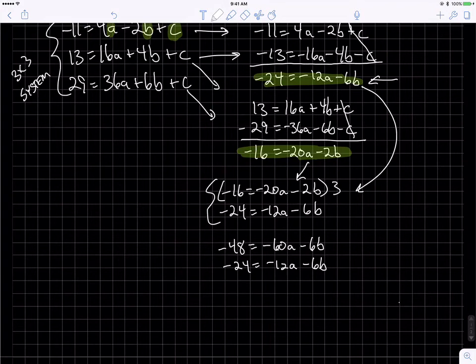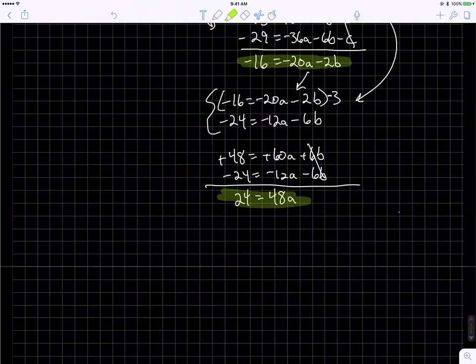I should have got, I needed a positive b up top, so I should multiply by a negative 3. So these all became positive. So 48 minus 24 is 24, and then the 60 minus the 12 is 48, and those equal 0. This is my newest equation. Now it's got one variable, so I can solve for it. If I divide both sides by 48, I get a is 1/2.